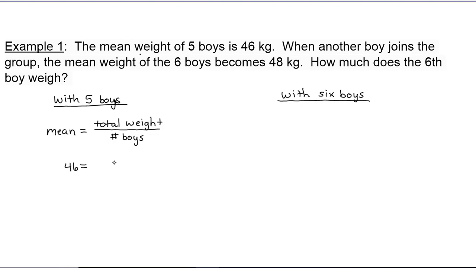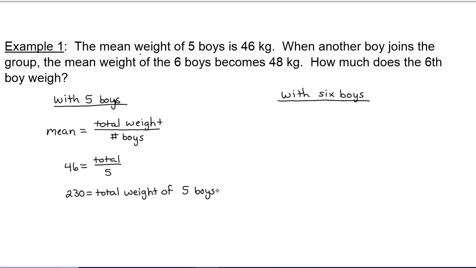We don't know that total weight, so we're just going to put the word total there. And we know that there are 5. So basically, if I take 46 times 5, which is 230, that is equal to the total weight of 5 boys.